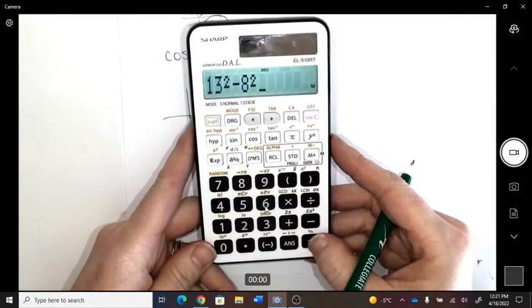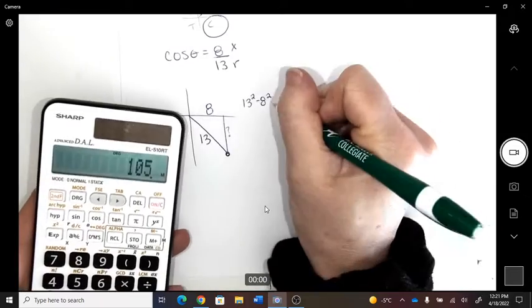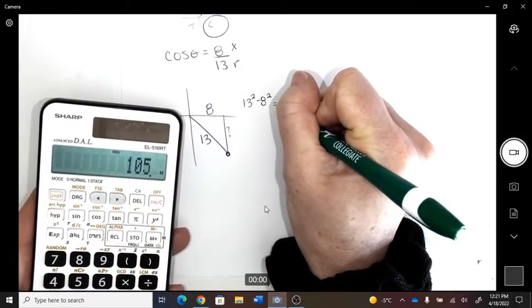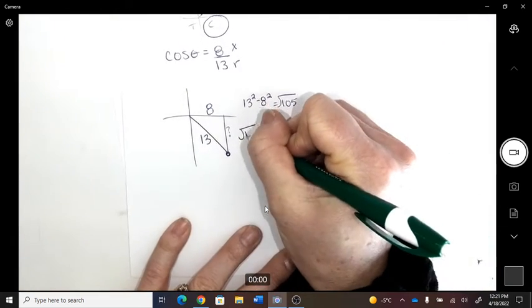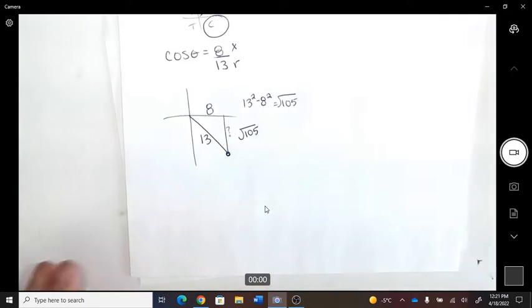Okay, so that is giving me 105. Does that square root nicely or not nicely? Not nicely, so I leave it. I don't want any decimals on these questions.